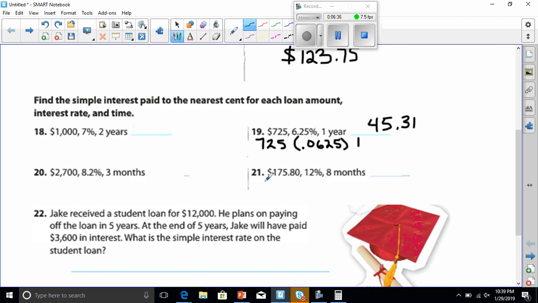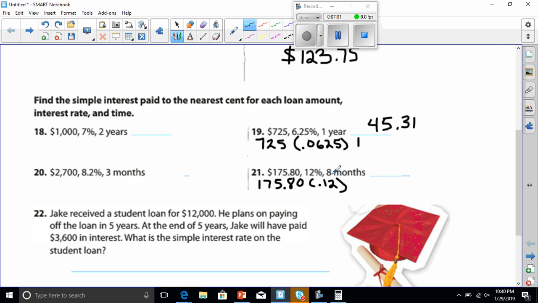All right, let's go ahead and try to get number 21 now. 21 says I got $175.80. I'm going to multiply that by 12%. So when I move my decimal back twice, I'm multiplying it by 0.12.